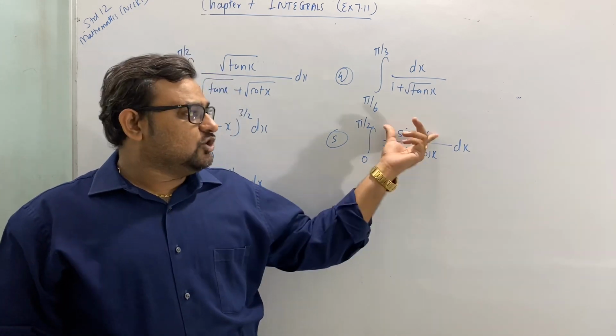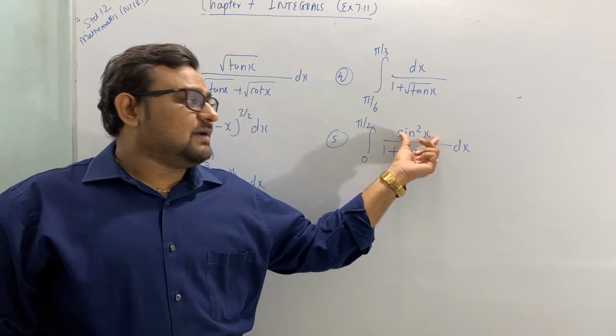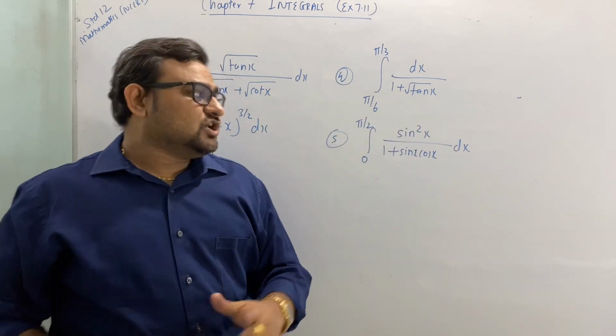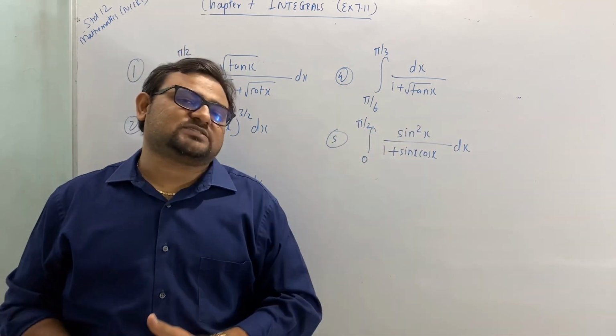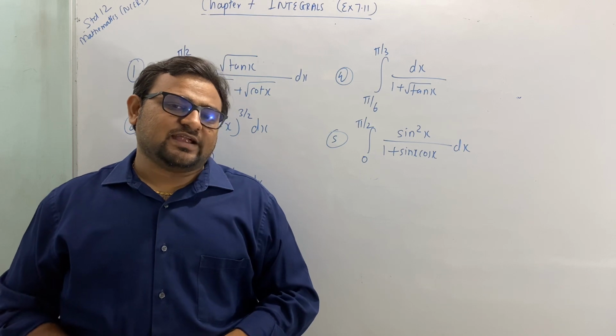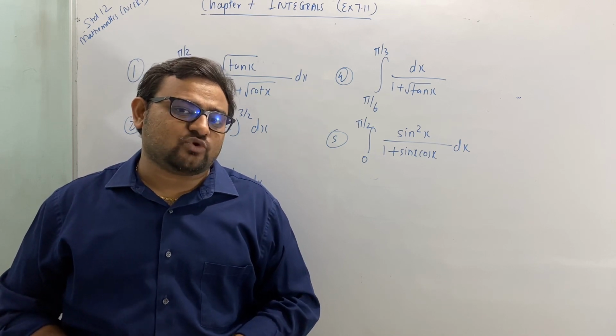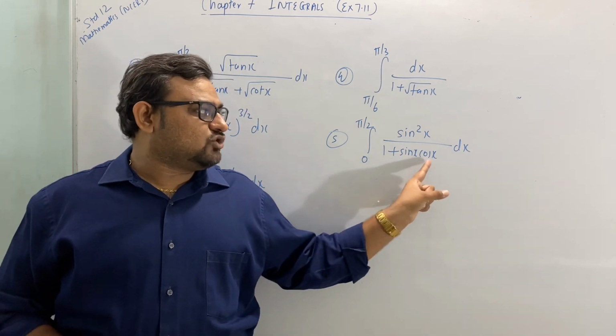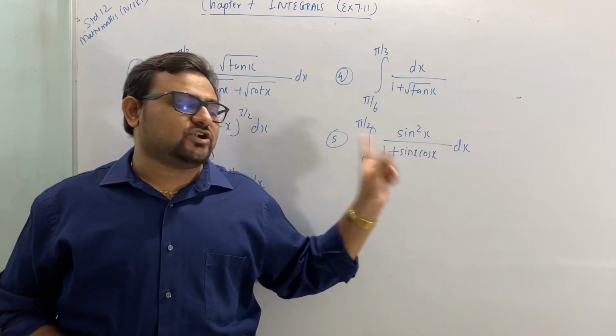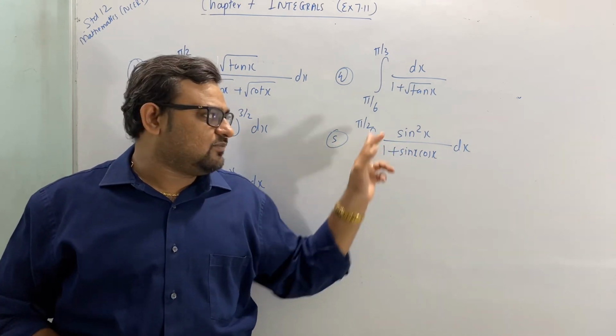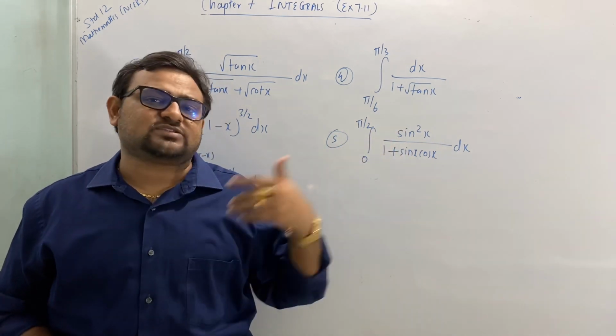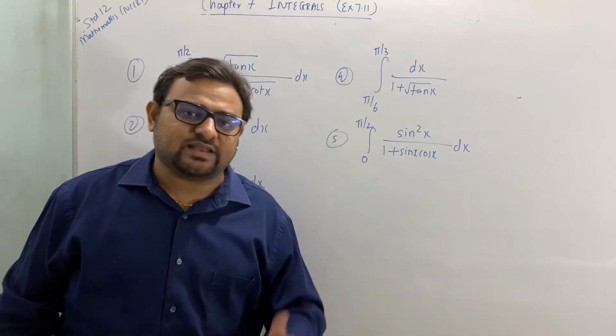Clear? Numerator: sine square x plus cos square x. So it will be 1 upon 1 plus sin x cos x. Right? So in the denominator, what adjustment can you do? Multiply and divide by 2. So it will be sine 2x by 2. LCM 2 will be here, 2 plus sine 2x, and try to solve it further.